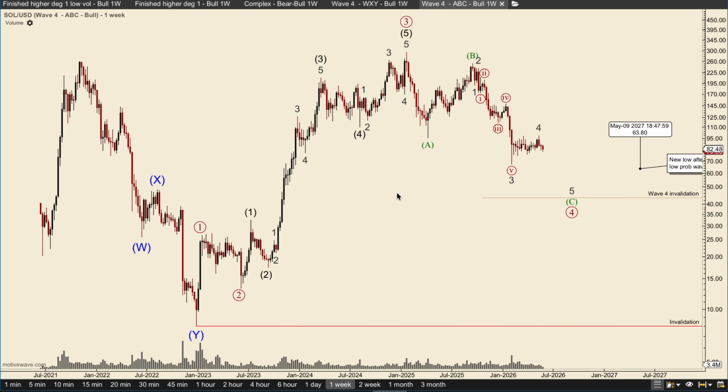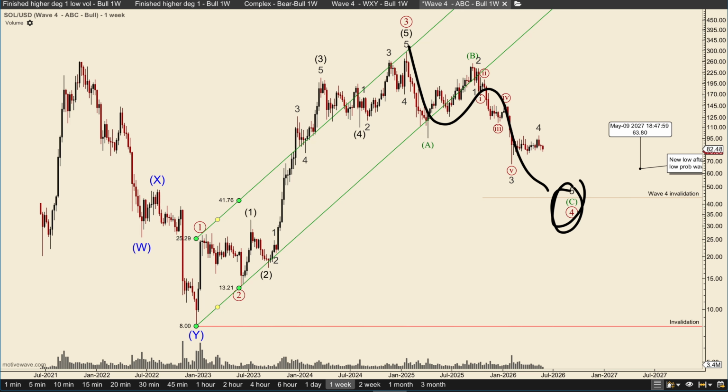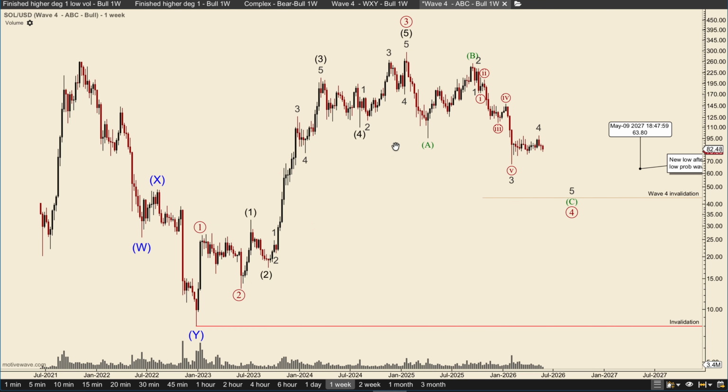So I can show you here with the channeling technique what I mean. So if you pull a channel like this and you use a base channel, you can see that wave 4 is moving quite long away from the base channel, which is not the most typical thing you want to see in a wave 4, lowering the probabilities for this wave 4 to be correct, this count.